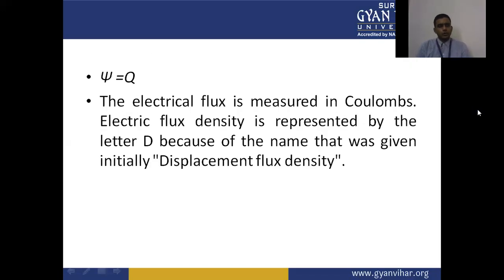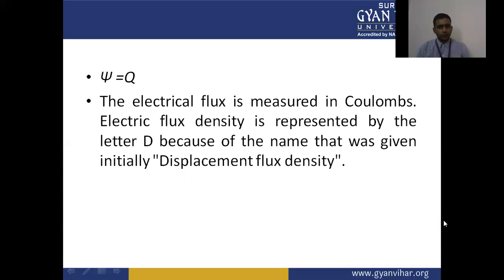So psi is equal to the charge, that is Q. The electric flux is measured in coulombs. The unit of the electric flux is the same as the coulomb, the unit of the charge.